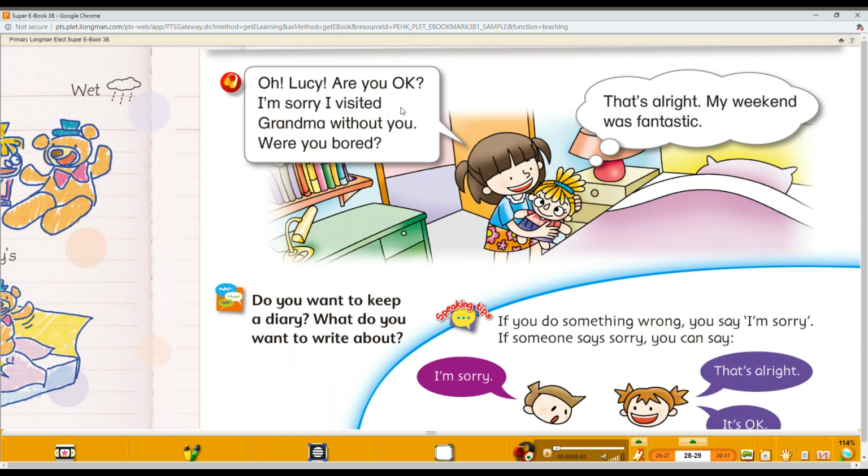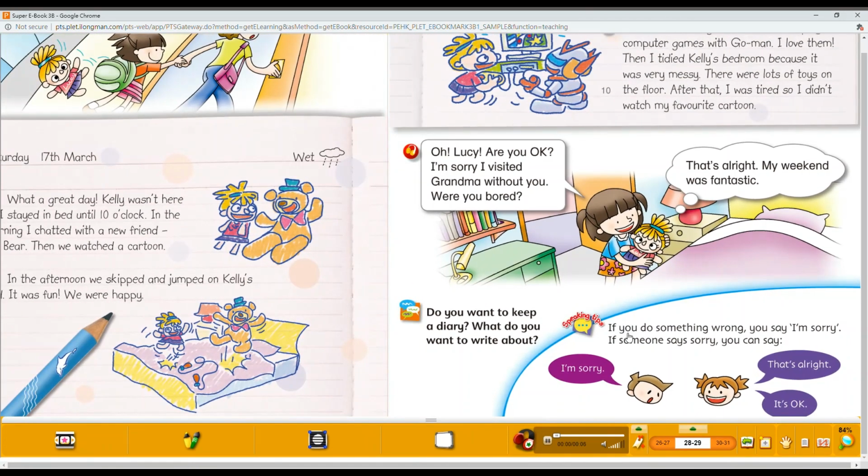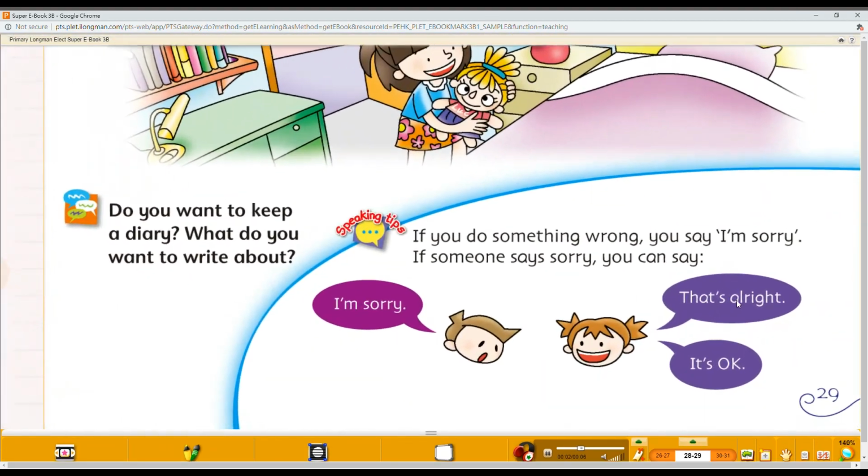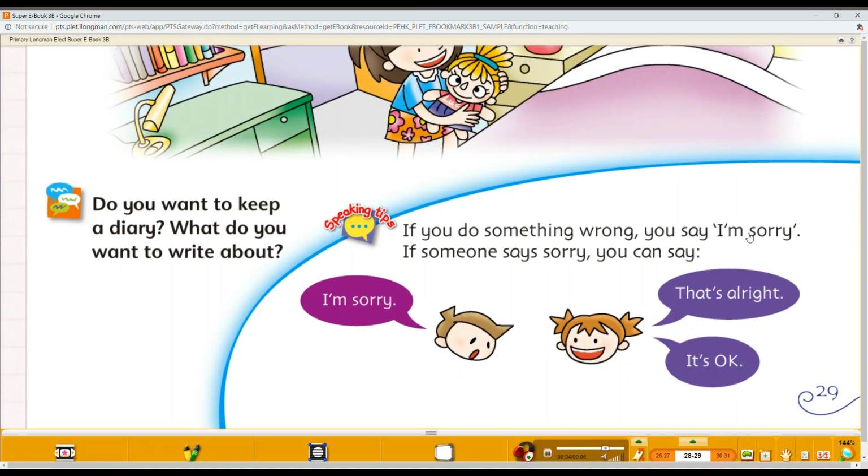So notice that Kelly, the girl, said sorry to her doll Lucy. If you do something wrong, you say, I'm sorry. If someone says sorry, you can say, That's all right. It's okay.